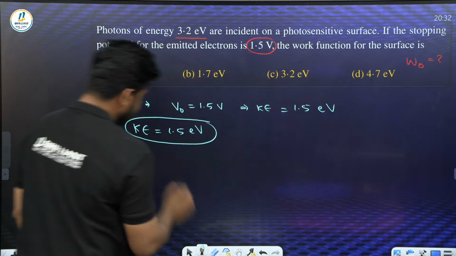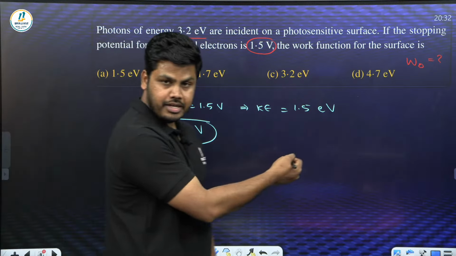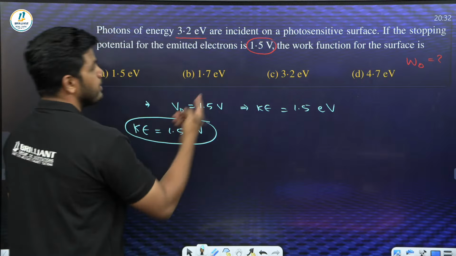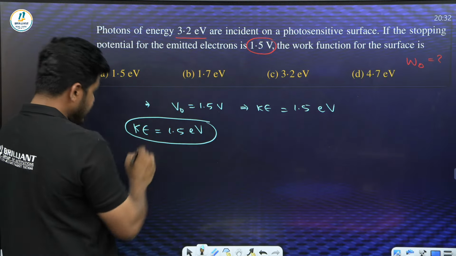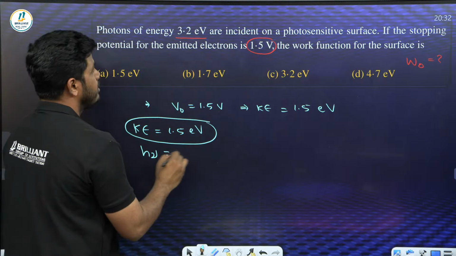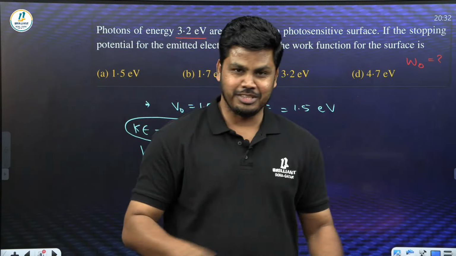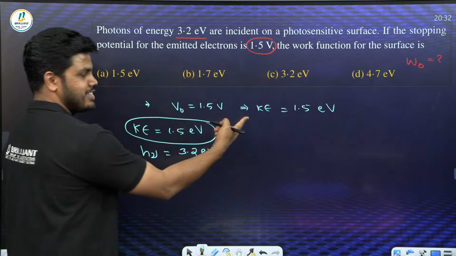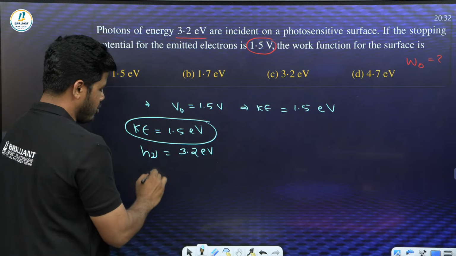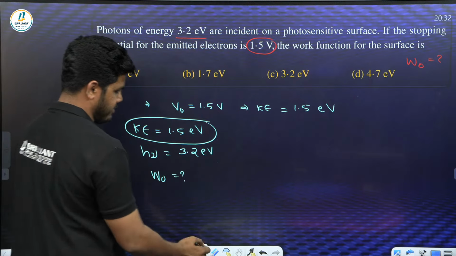So now it is easy. Kinetic energy of photoelectrons is given, and incident energy h nu is also given, that is 3.2 electron volt. Both are in electron volt, so nothing to worry about. Now the quantity to be calculated is the work function, and it is direct substitution and simplification.